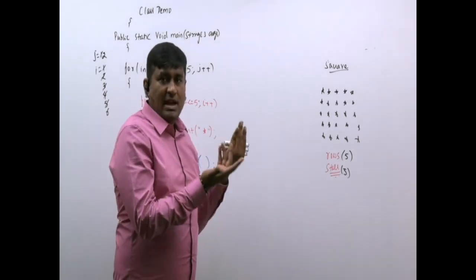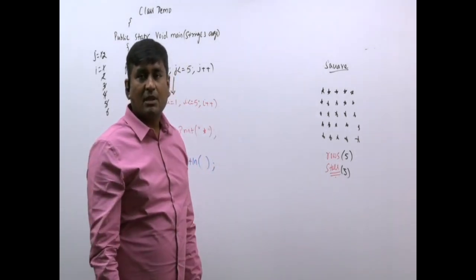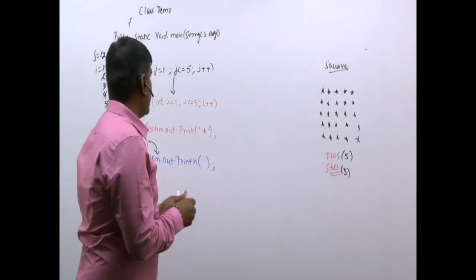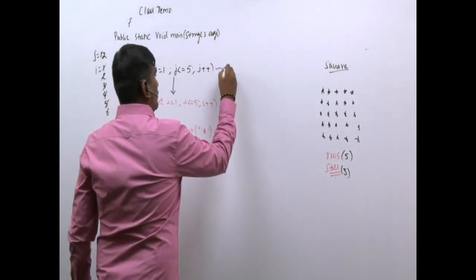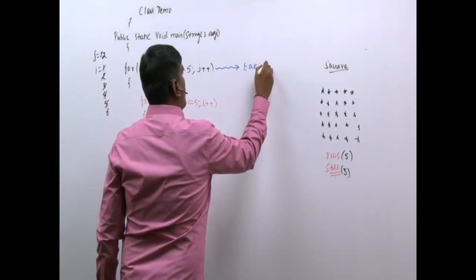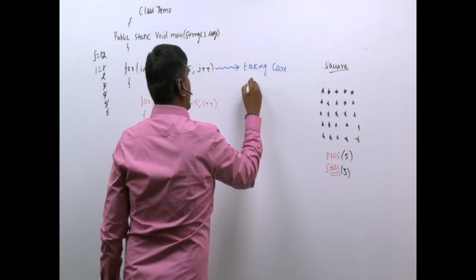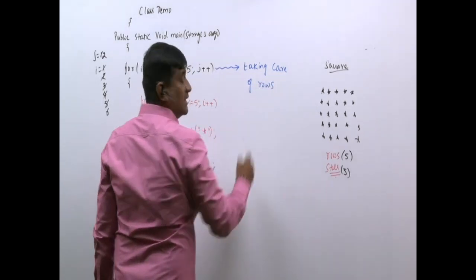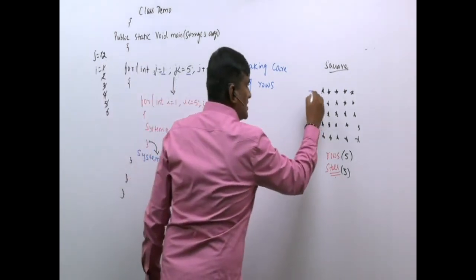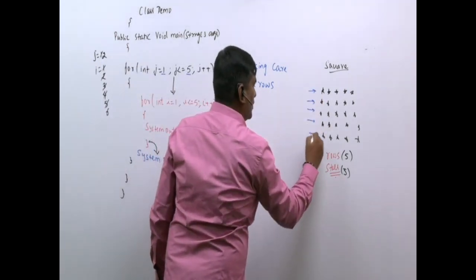Rows and stars. And count how many rows are there? 5 rows. In fact, the outer for loop that you have written is taking care of rows. See here, first row to 5 rows. Count: first row, second row, third row, fourth row, 5 rows.